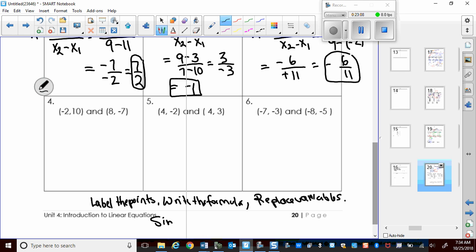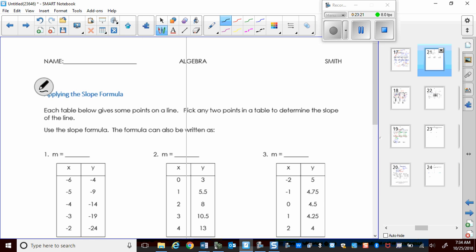Simplify your answers. And circle your answers. When you're done, move forward to applying the slope formula.